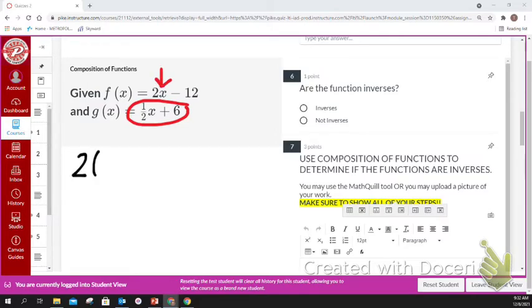So I have 2 times x minus 12. And then inside of that parentheses, you have 1/2 x plus 6. So go ahead, use your calculators. Multiply your parentheses by 2.